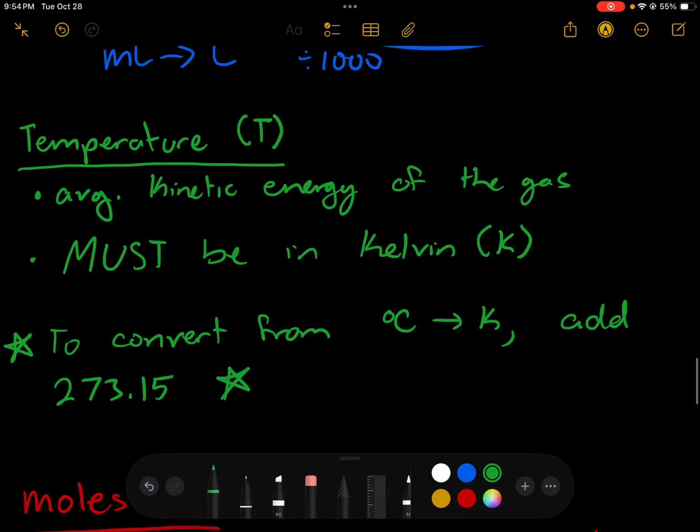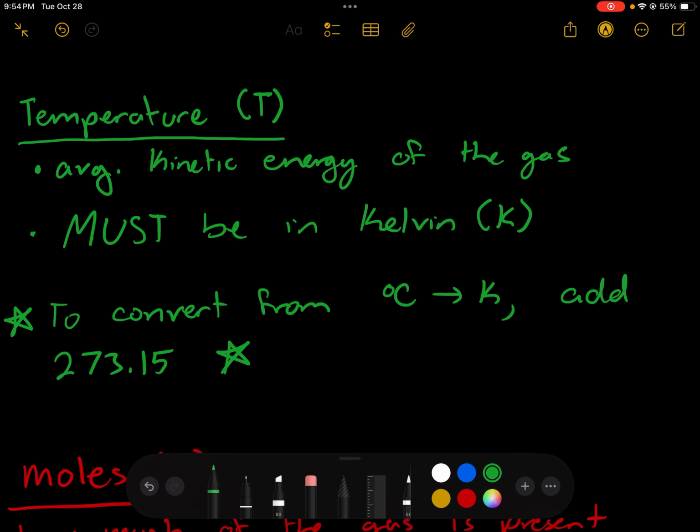Temperature is our next property. Temperature is going to be defined as pretty much the average kinetic energy of the gas. That temperature, 9 times out of 10, is going to have to be in Kelvin. So if you have to convert from Celsius to Kelvin, all you have to do is take your Celsius number and add 273.15 to it.